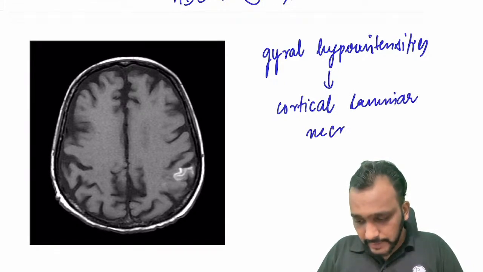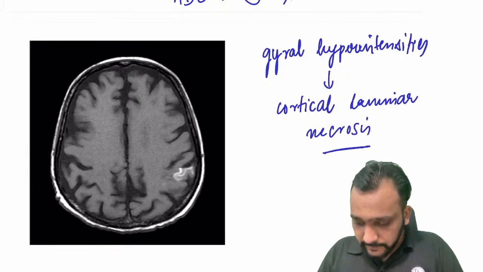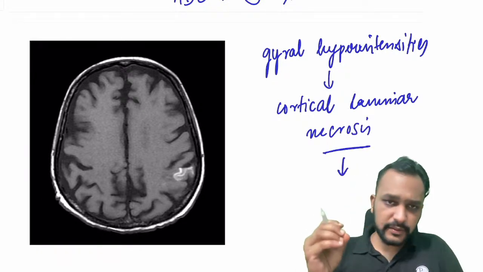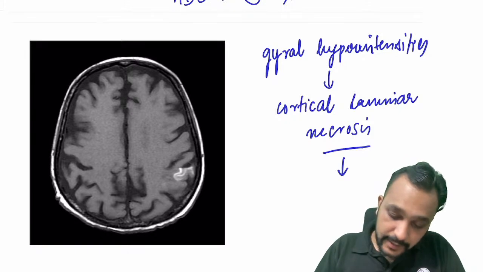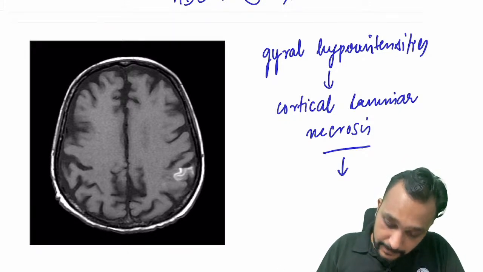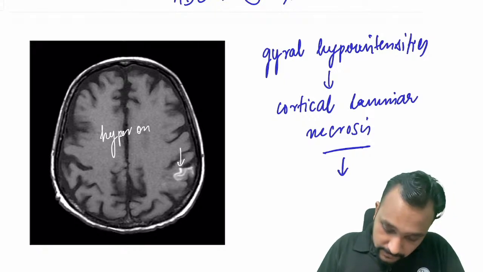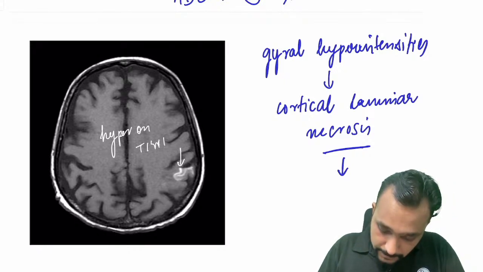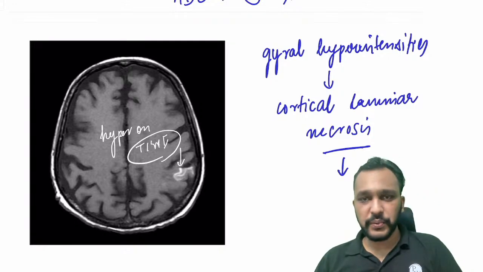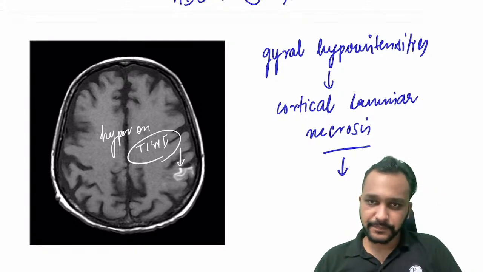Because of the necrosis that is taking place within the cortex, this is known as cortical laminar necrosis, and this appears hyperintense on T1 weighted images, right?